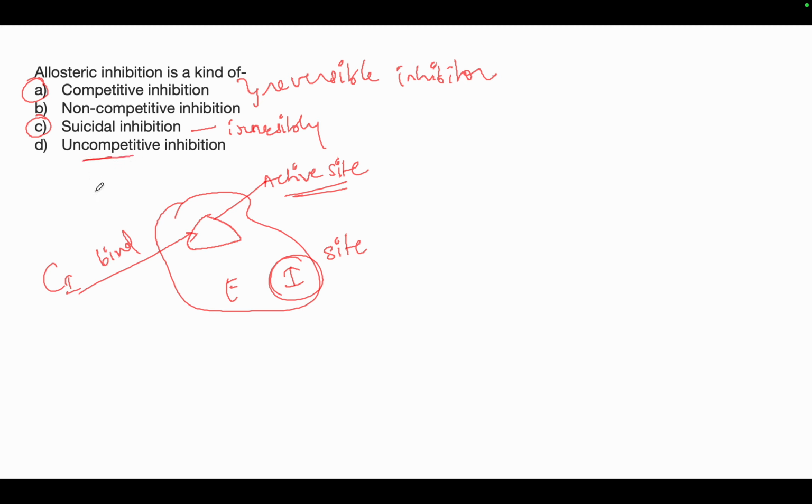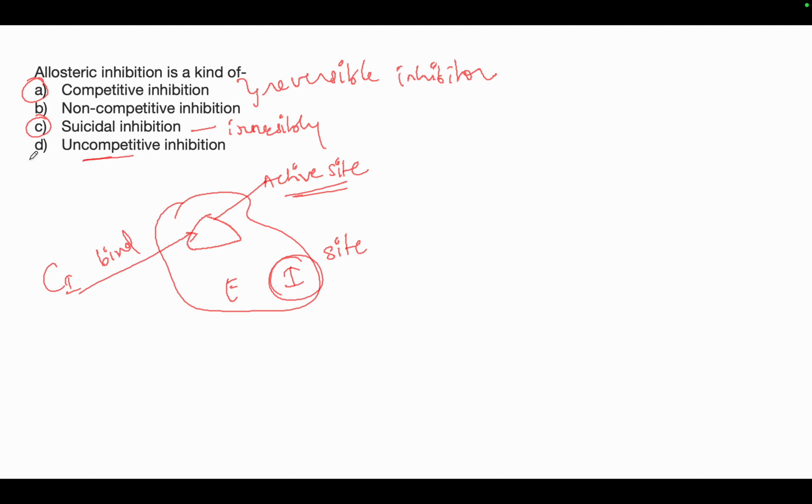So uncompetitive will bind to. Competitive inhibitors will actually compete with the substrate and it will bind to the active site.